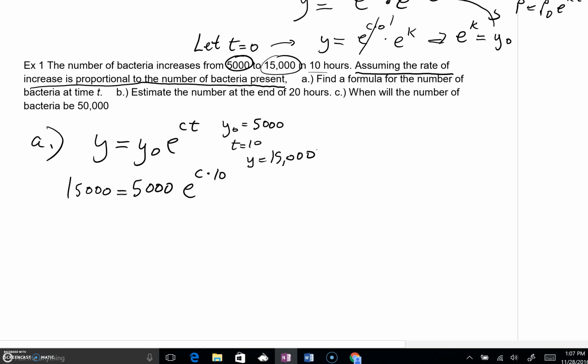And it's going to be a little bit different from how we solved in the past. I think it's pretty clear kids are going to want to divide by 5,000, which they should. And they'll have e to the 10c here. And it doesn't take much to see that e to the 10c is equal to 3.